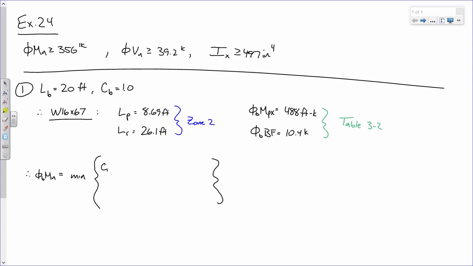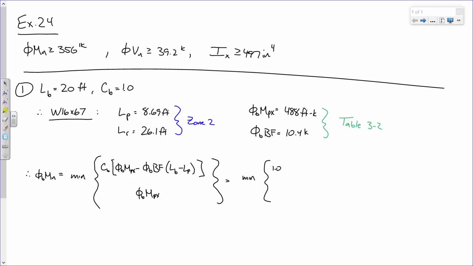So the zone 2 capacity from the curve, though, is that linear fit, so it's just that straight line fit. So that's the minimum of what? Now what's C sub B again?